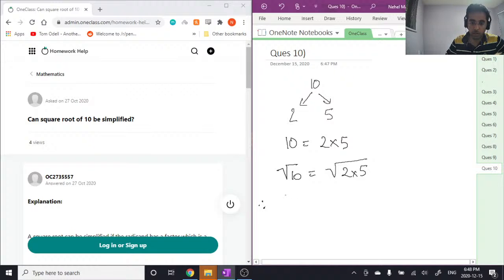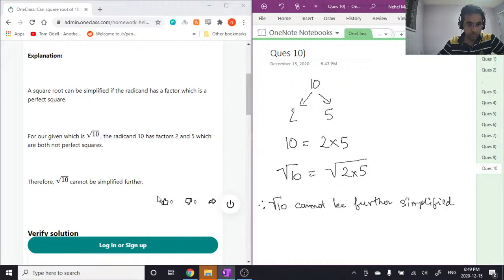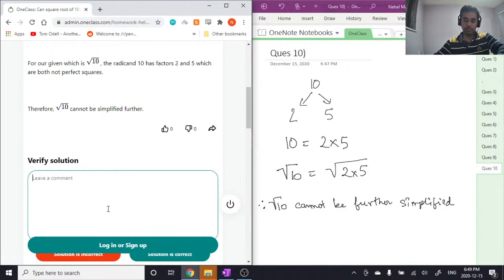This is the simplest form, the radical form. 2 and 5 are not perfect squares, therefore this is the simplest form. So the solution is correct.